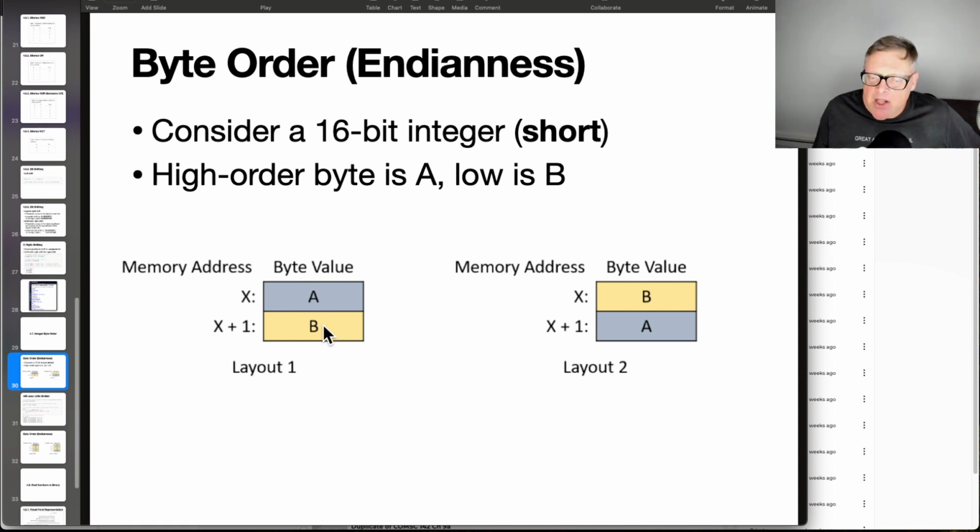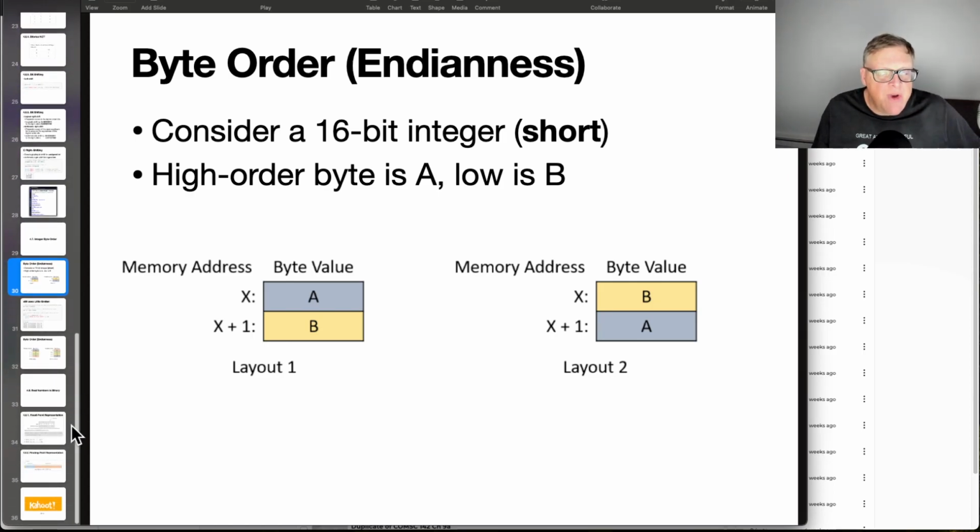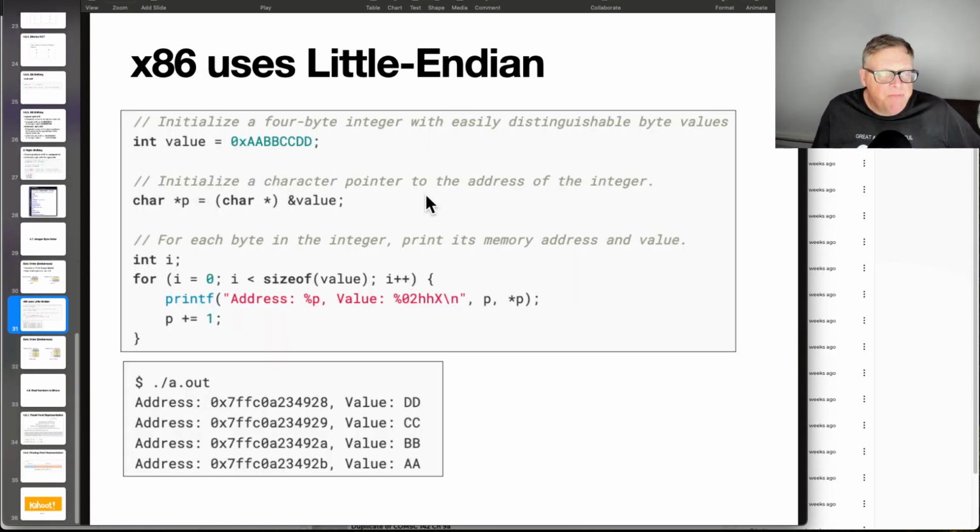But in Intel processors, it's little endian. So it puts the least significant byte first, followed by the most significant byte, which is pretty annoying, but that's just the way it is. All right, x86 uses little endian. So if you define this with AA, BB, CC, DD, and then print its memory address and value, you'll see it's actually stored: the AA is most significant, and then BB, CC, DD, these are least significant.